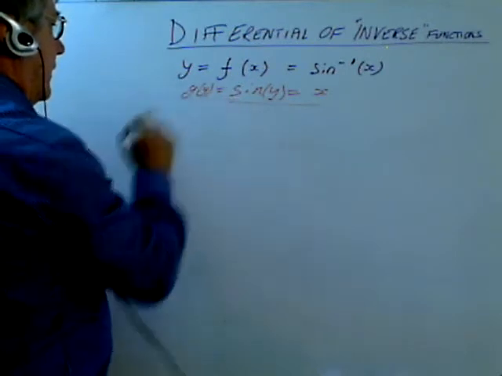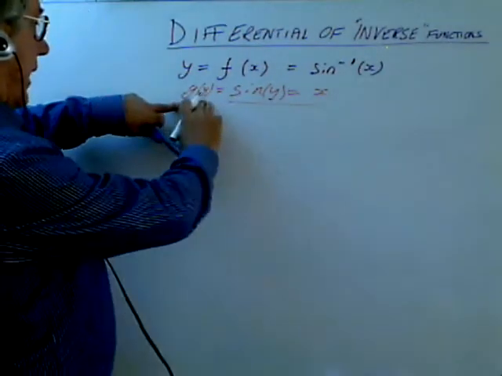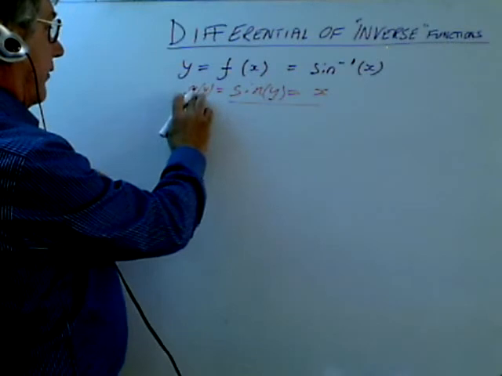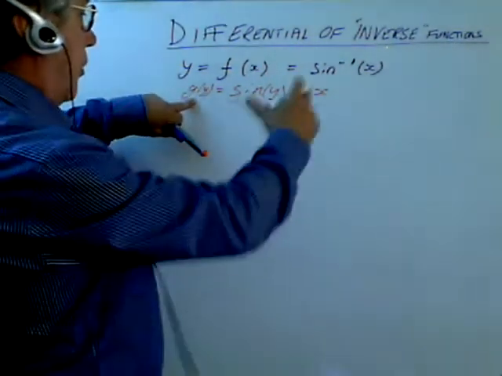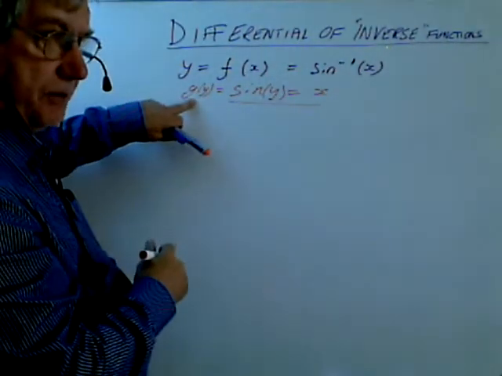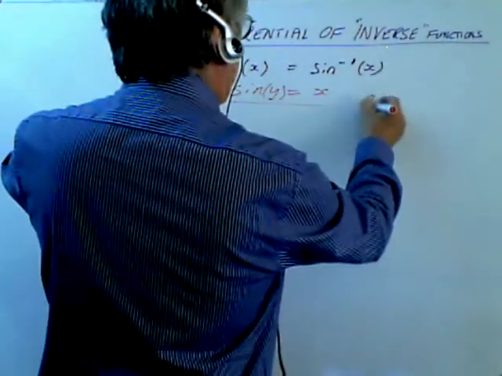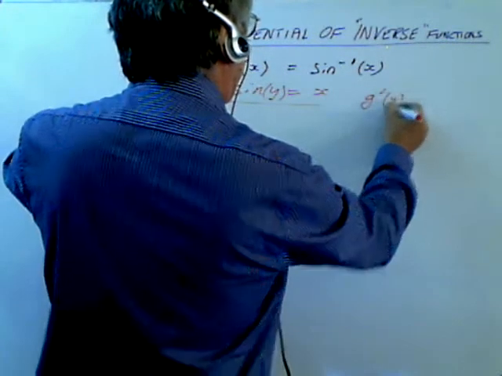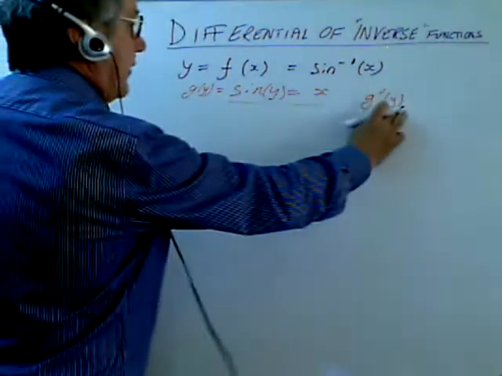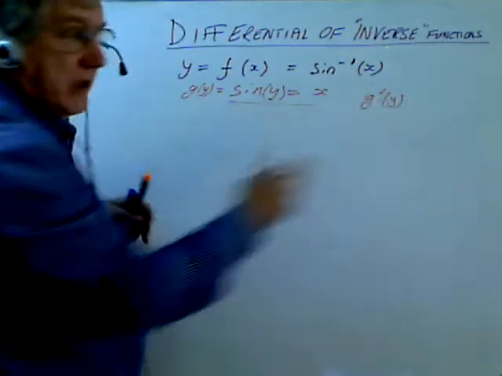I can differentiate that as a function of y. I can differentiate it with respect to y or with respect to x. If I differentiate that with respect to y, it's called g dash y, because y is the independent variable, if you like.